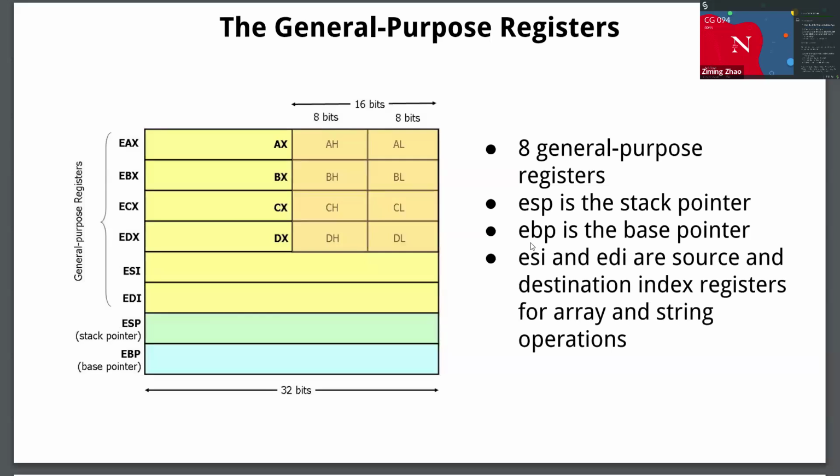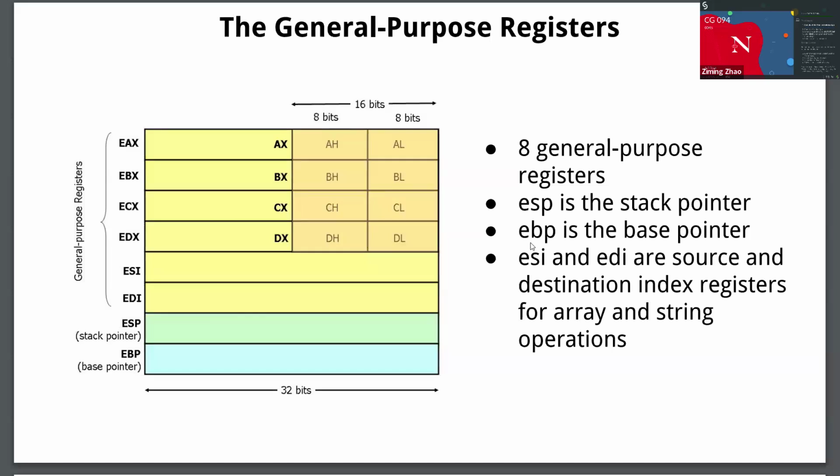The lowest 1 byte can be directly accessed, called AL, BL, CL, the low part. Then the higher one could be AH, BH, but those are very historical. We don't really directly use those registers anymore because the data we're processing is much larger right now. Then we have 4 other general purpose registers: ESI, EDI, ESP, and EBP.